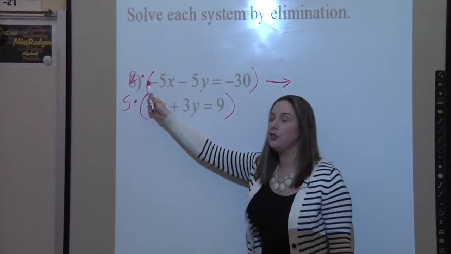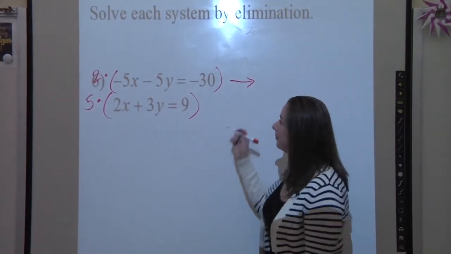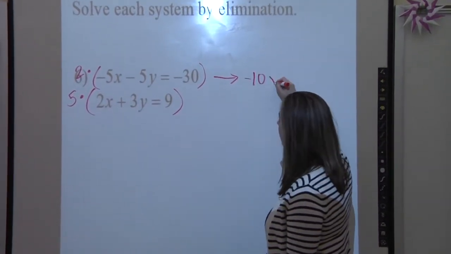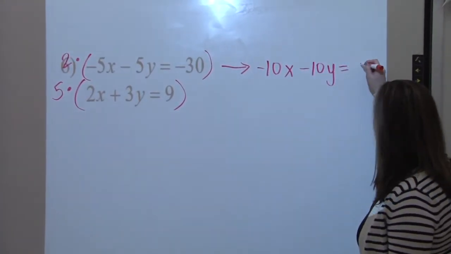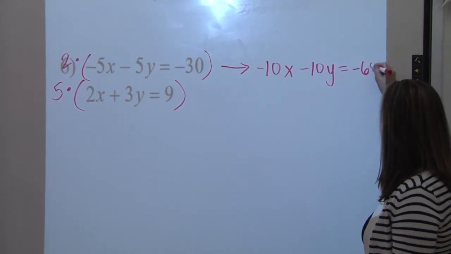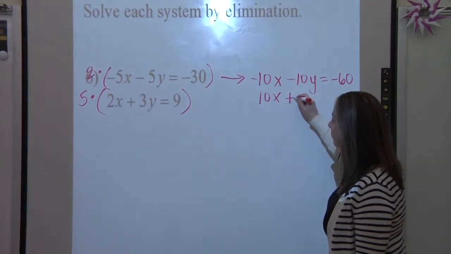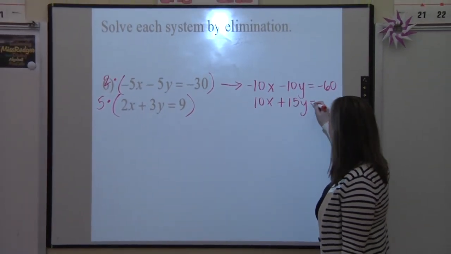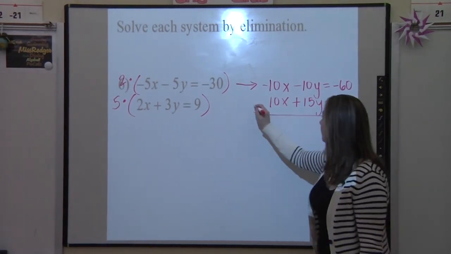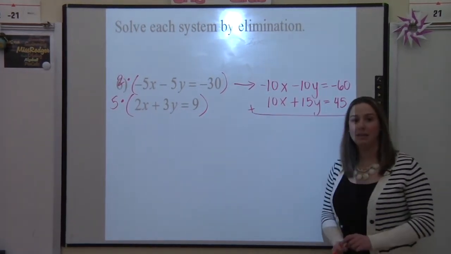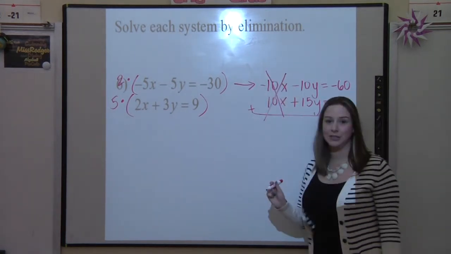I need to multiply 2 by every number here and 5 by every number here. I'm now ready to add down and get my x to eliminate.